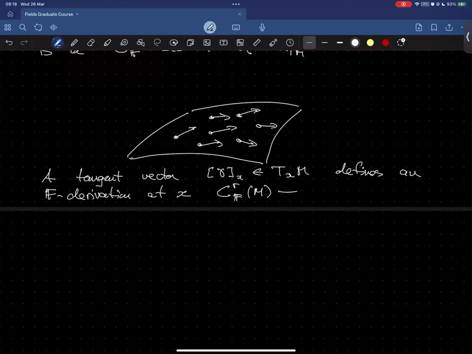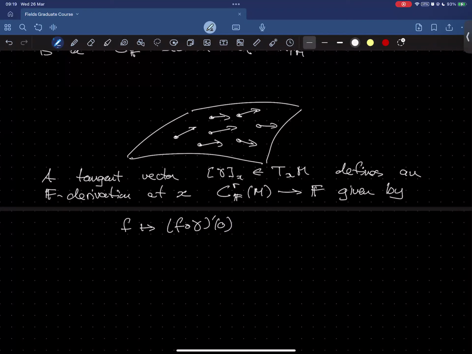It maps to f given by, and the precise definition is that it takes a function f and maps it to (f composed with gamma)'(0).